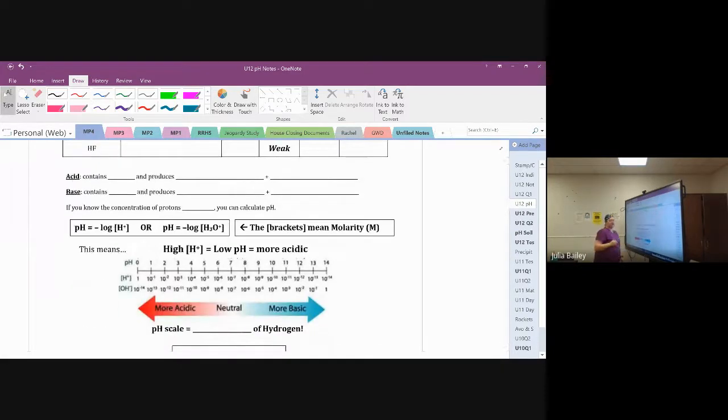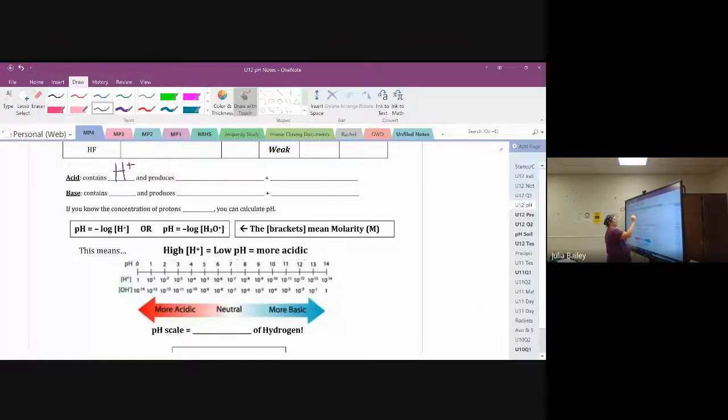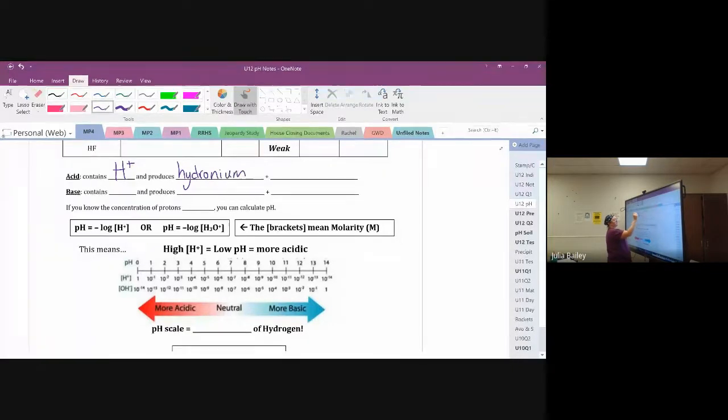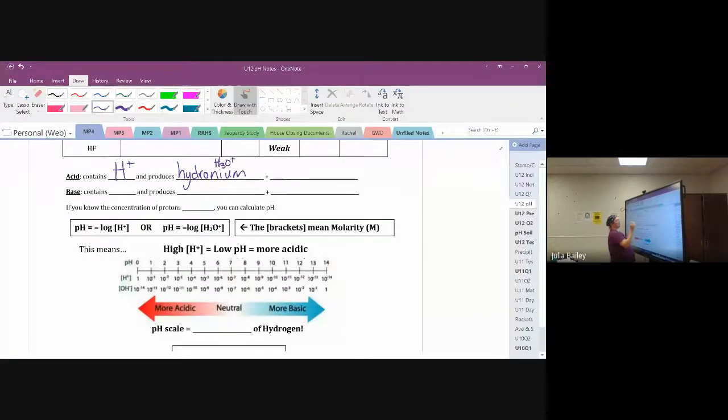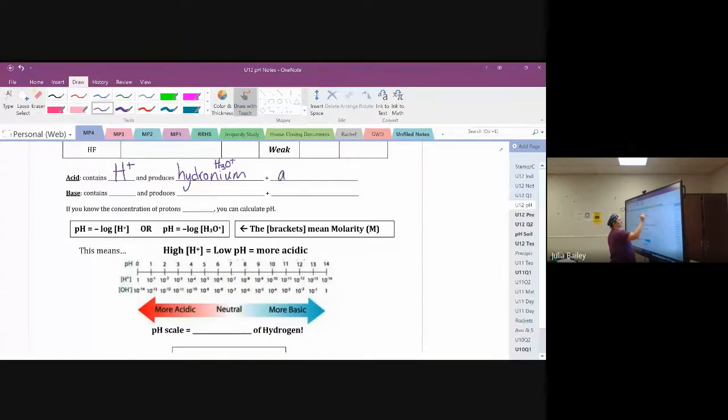Once you have filled in that chart and you have pressed play on this video again, we're going to fill in some blanks. So acids contain the H at the beginning. It's technically an H with a positive 1 charge. So they produce hydronium, which again is that H3O plus ion. And they also produce an anion.